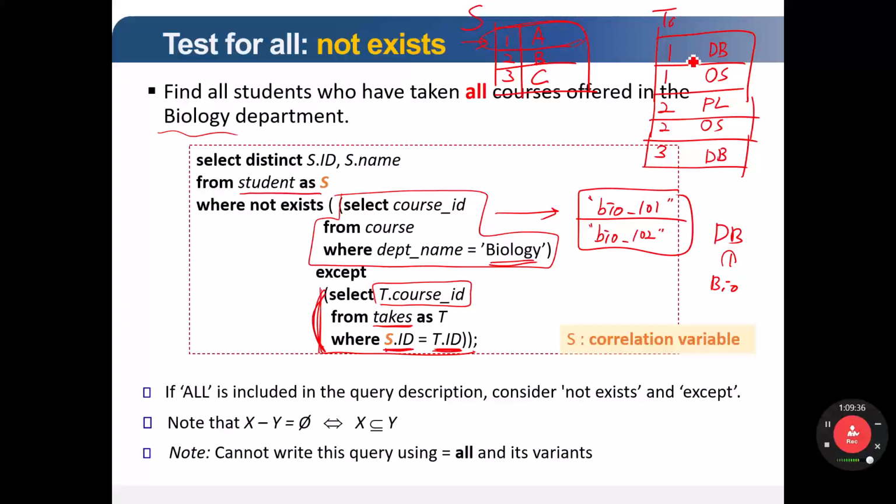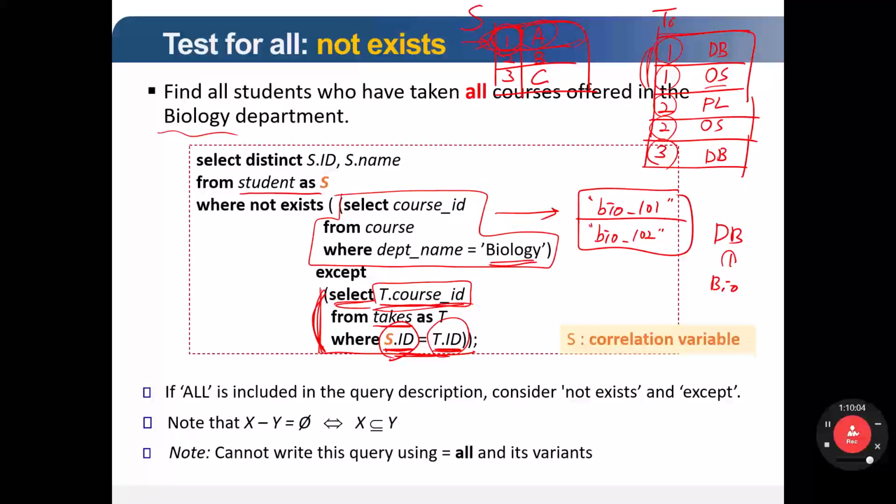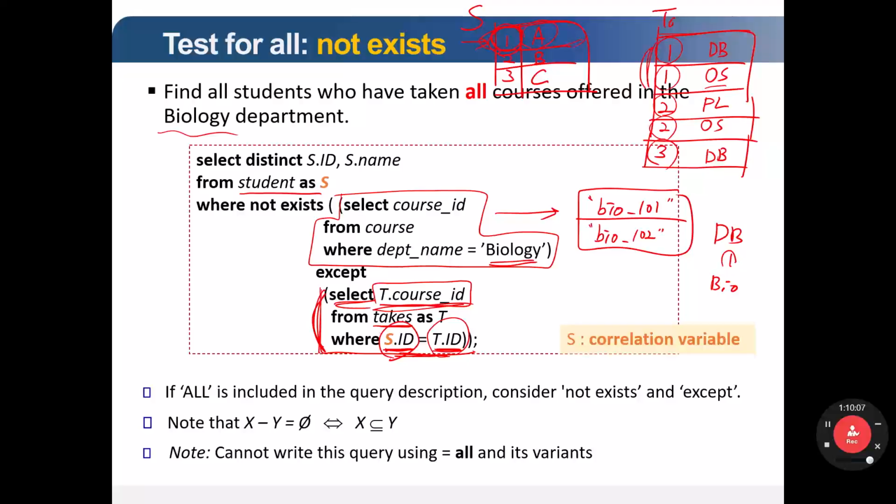And we access this text table and compare student ID with IDs of text table, and only those matching records will be considered, and their course IDs will be returned. So for Alice, database course ID and OS course ID will be returned. Right? We are not done yet.